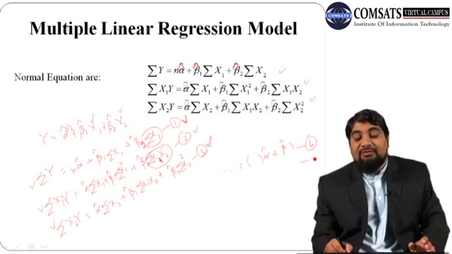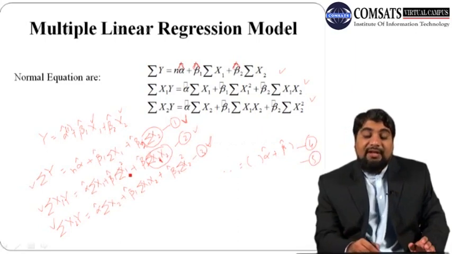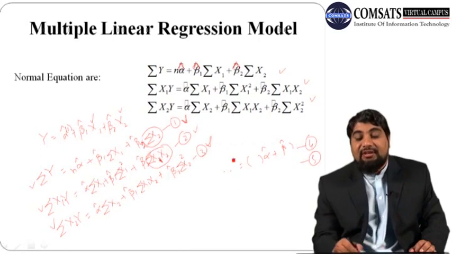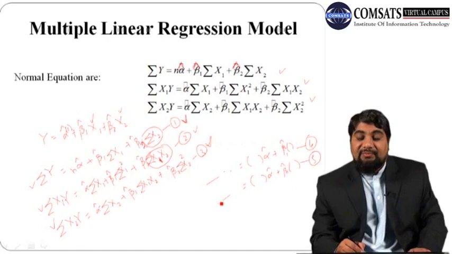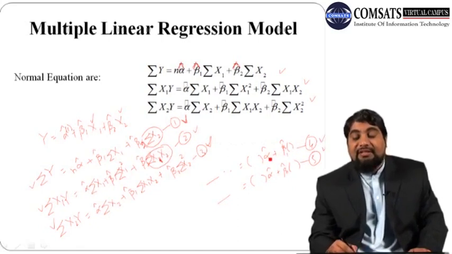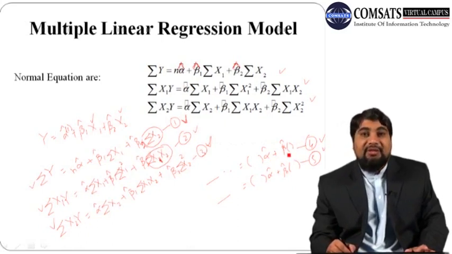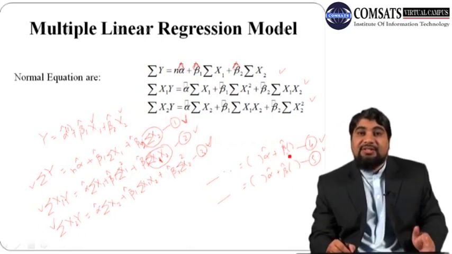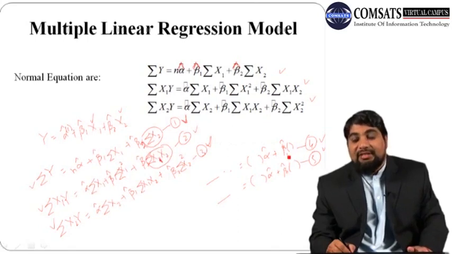You will get a new equation, equation 5, and in that equation you will again have the 2 parameters alpha hat and beta 1 hat with certain additional coefficients. On the left hand side you will have certain additional numbers. So now you can see that equations 4 and 5 have the 2 parameters alpha hat and beta 1 hat. So this problem is just reduced to the case of the simple linear regression model.